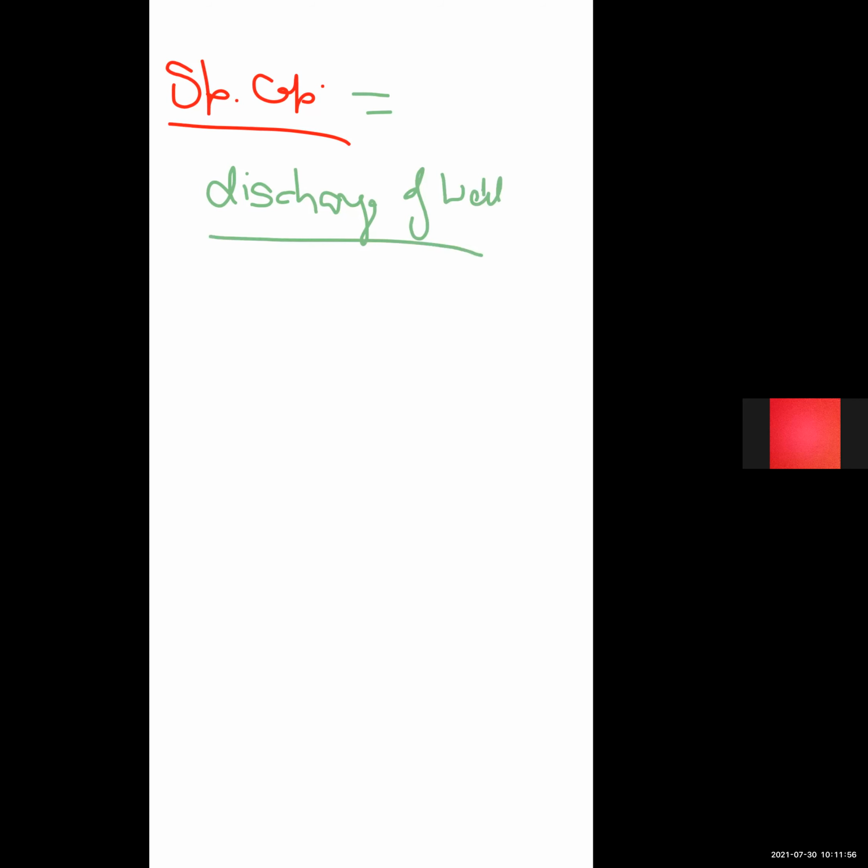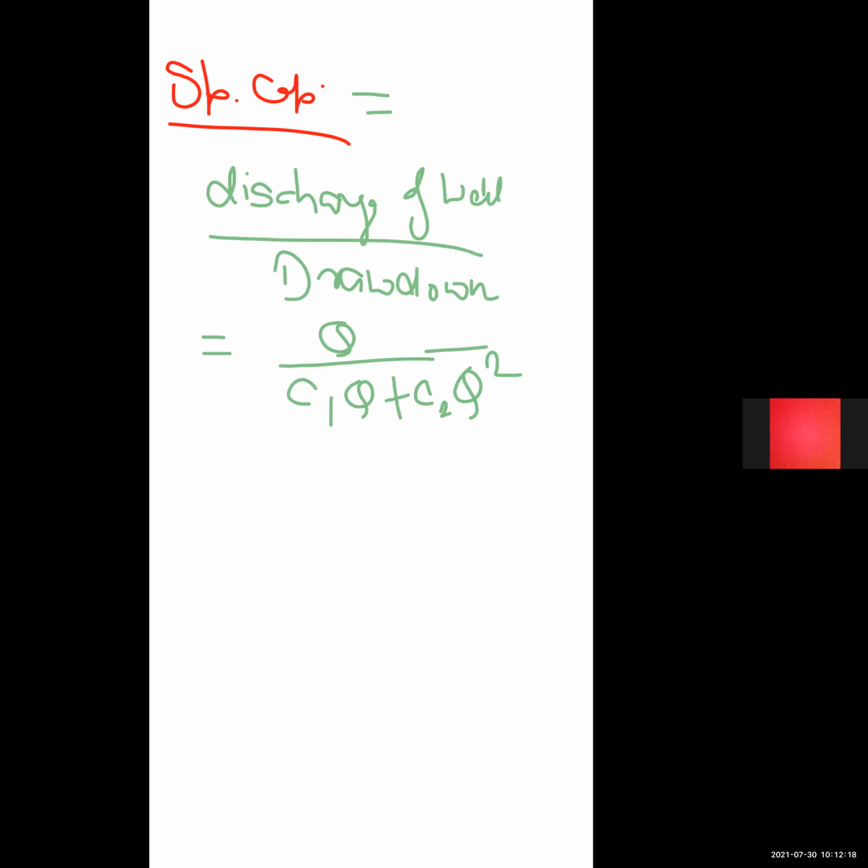That is also written as specific capacity of well equal to discharge of the well divided by drawdown, and this value is equal to Q divided by C1Q plus C2Q square.